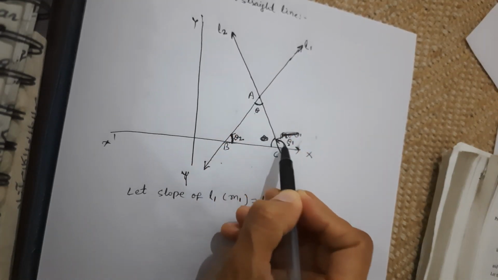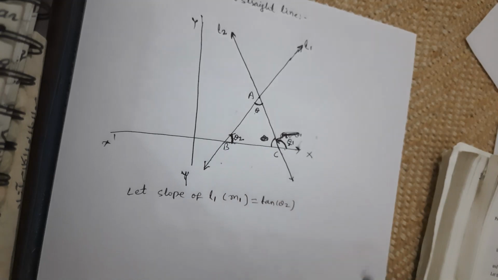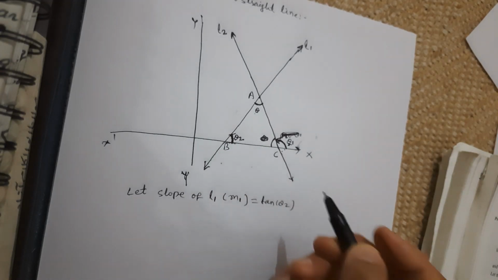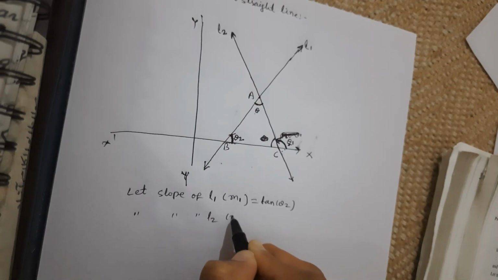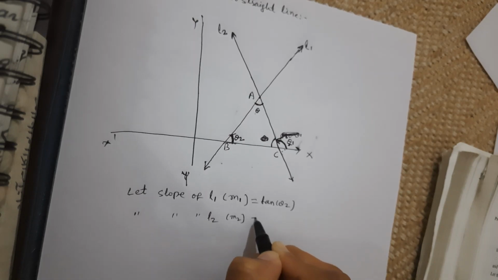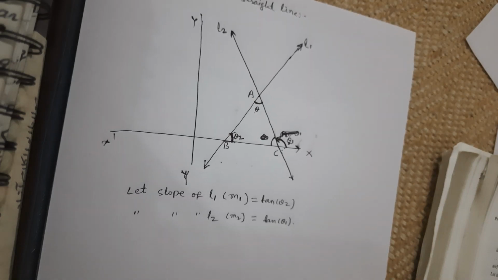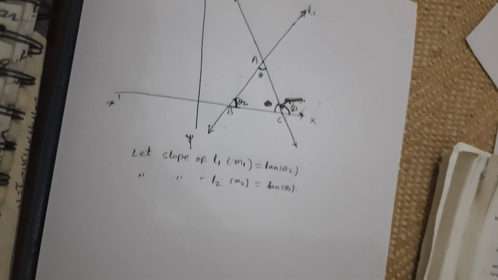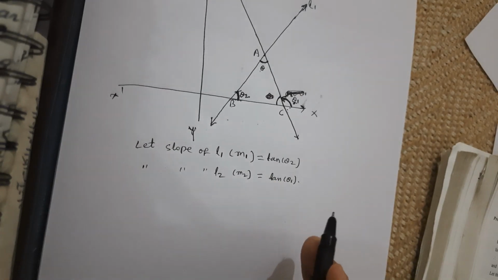Theta 1 will be the angle of inclination for L2. So the slope of L2, which I indicate with M2, will be tan of theta 1. Okay, right? So from the angle of inclination definition, this is clear.